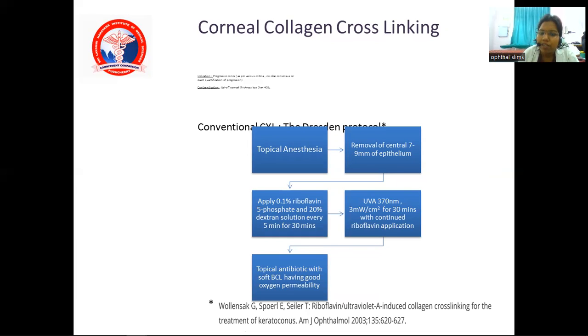Then we measure the uncorrected visual acuity. Then we expose the patient to UVA light of 370 nanometer, and the energy we use is 3 milliwatt per centimeter square for 30 minutes with continued riboflavin application. Topical antibiotic with a soft bandage contact lens is applied after giving a thorough wash.